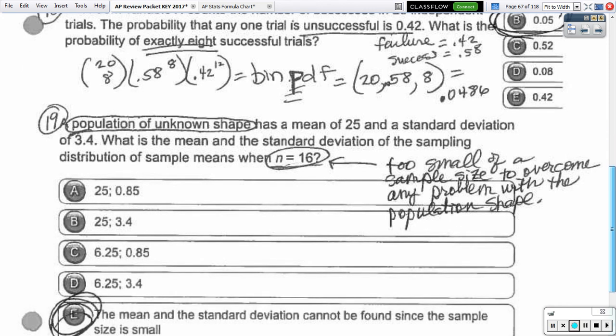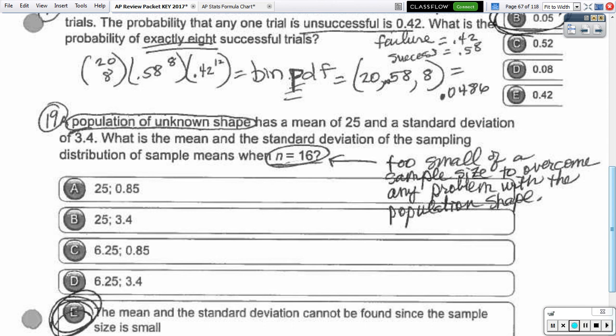Now look at number 19. This is a dead giveaway. I think it's awfully nice of them to warn you, because on AP, I don't think they would straight up do that. They would just say a population has a mean of 25 and a standard deviation of 3.4, and then leave out what the shape is.